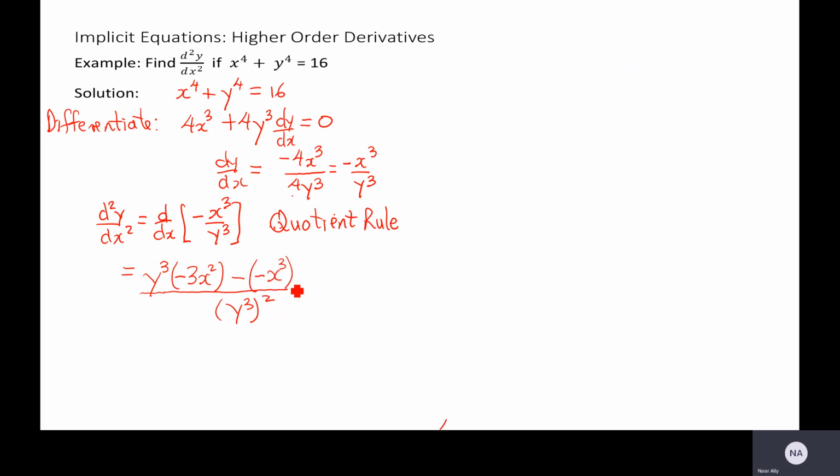I've chosen the numerator to be minus x cubed, times the derivative of the denominator. And the derivative of y cubed is 3y squared. Do you stop there? Not at all. Times dy dx.